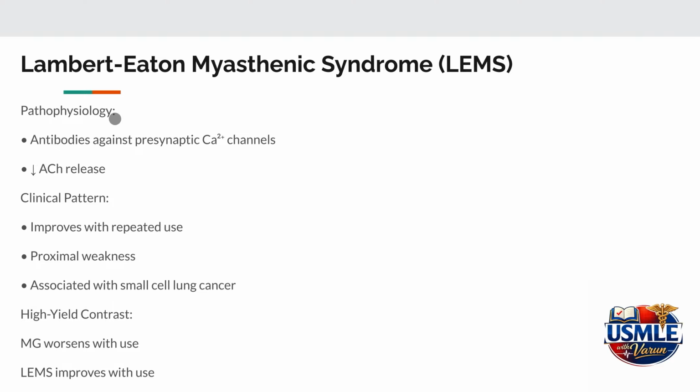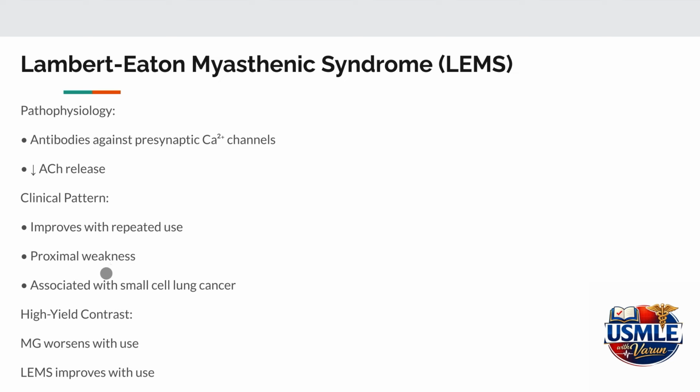Whereas Lambert-Eaton myasthenic syndrome is another neuromuscular junction disorder, but the problem occurs on the presynaptic side, whereas in myasthenia gravis the problem occurs on the postsynaptic side. Here, antibodies attack voltage-gated calcium channels in the nerve terminal because calcium entry is required for acetylcholine release.